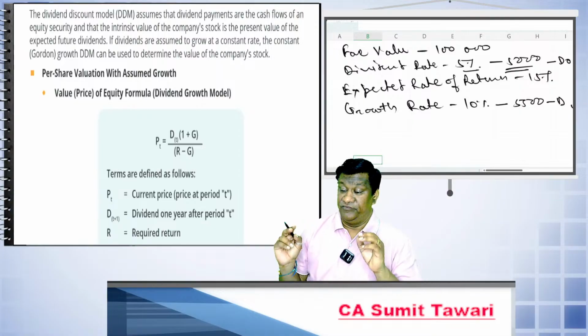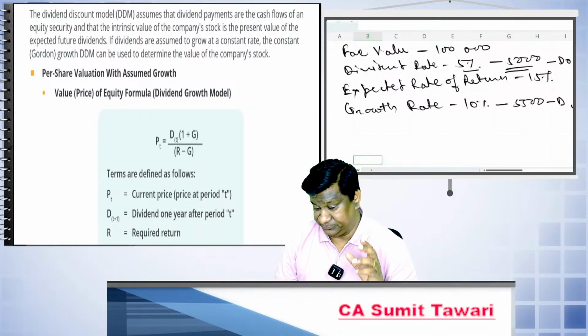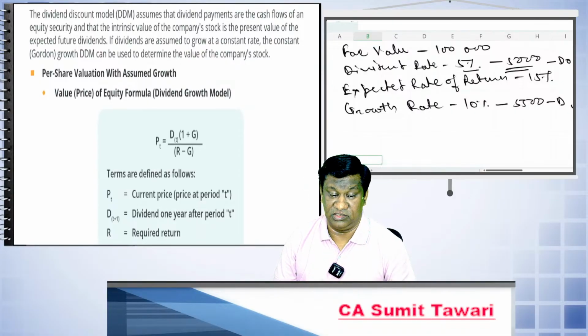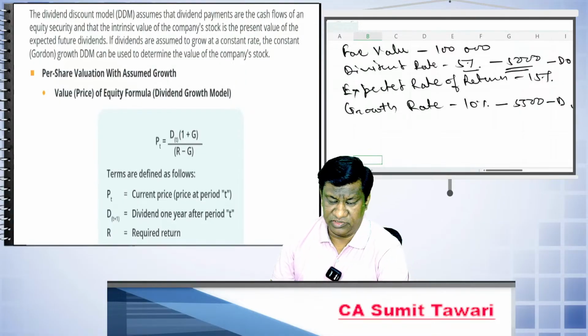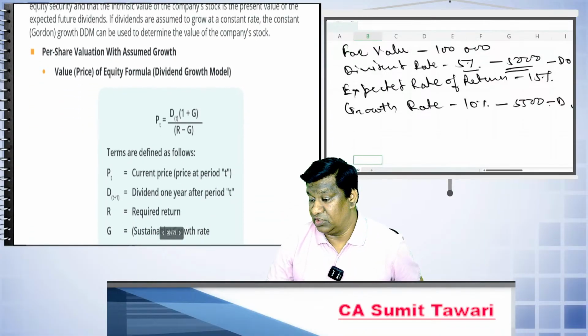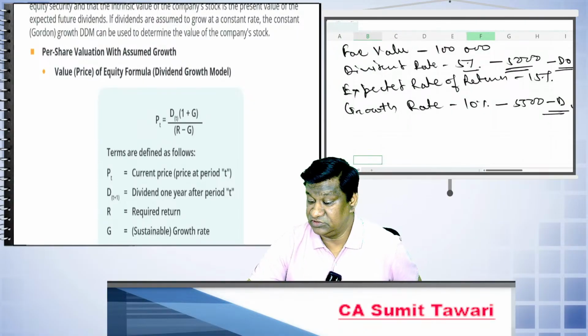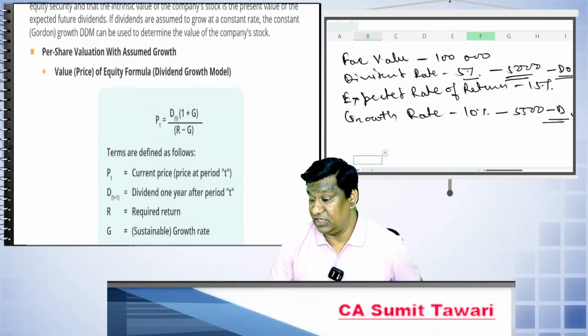You need to keep in mind, whenever you are calculating the share value with the dividend discount model or Gordon growth model, you need to consider the dividend amount after one year, not last year's dividend. In the first case we considered last year's dividend because the amount is the same, so it is not impacted. But here you need to consider after one year.